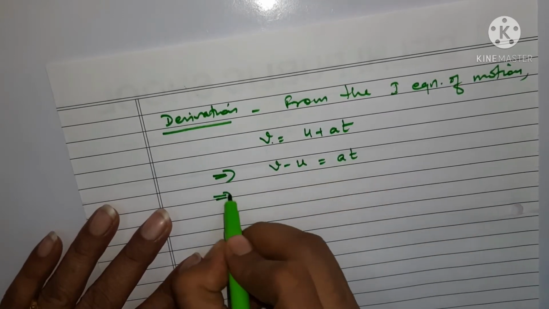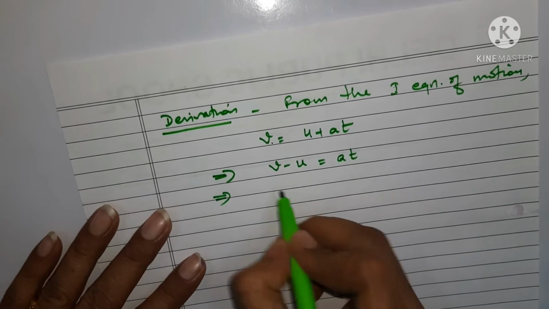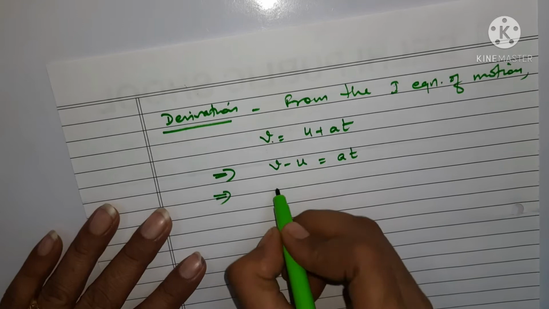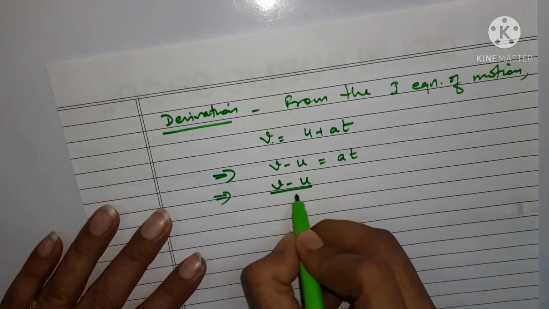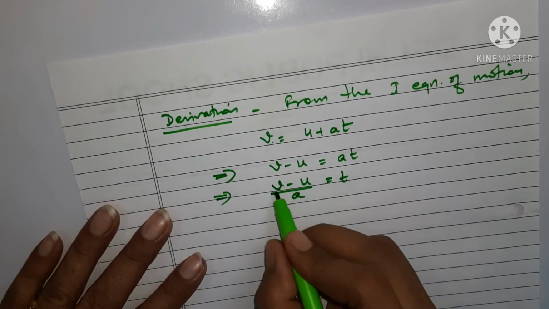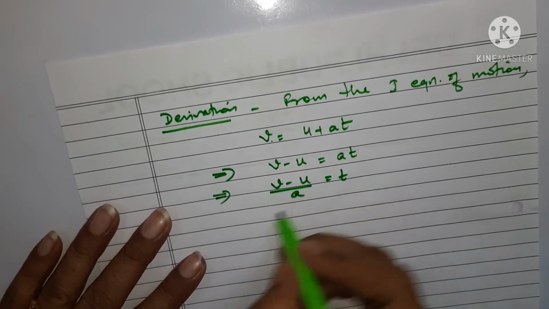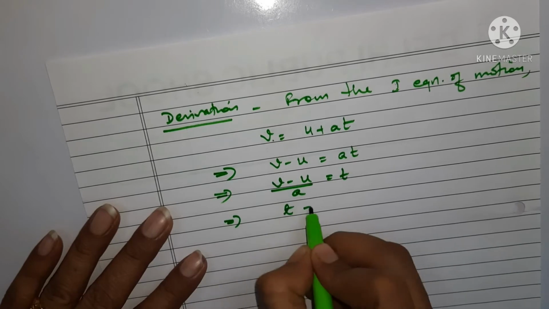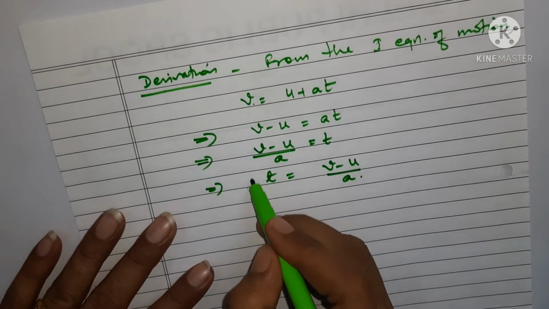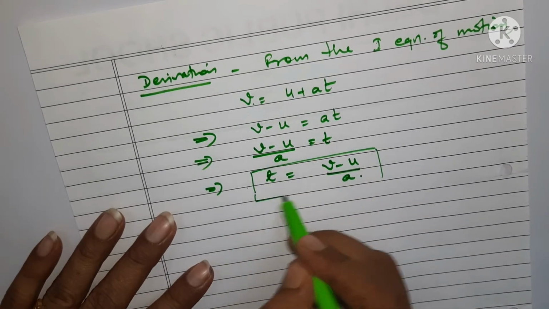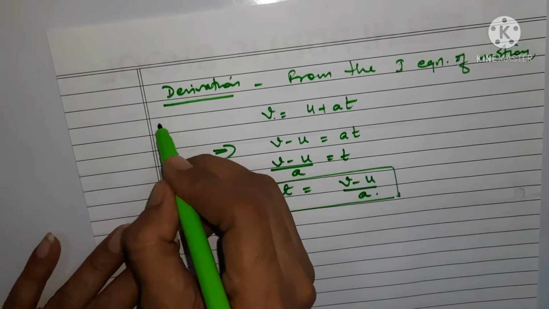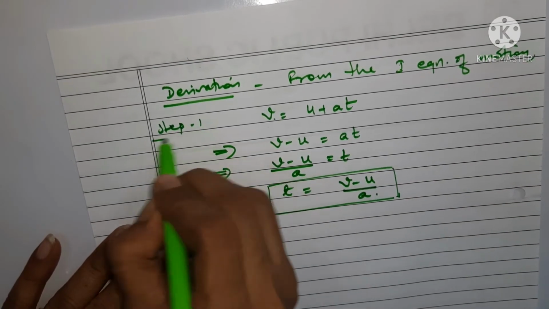Taking a to this side, t is equal to v minus u upon a. This is the value of t which you have taken out. So your step 1 is completed here.